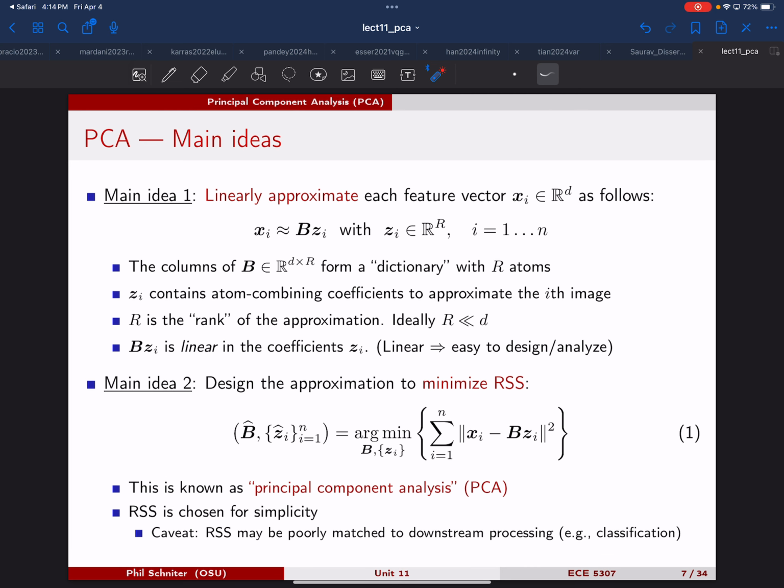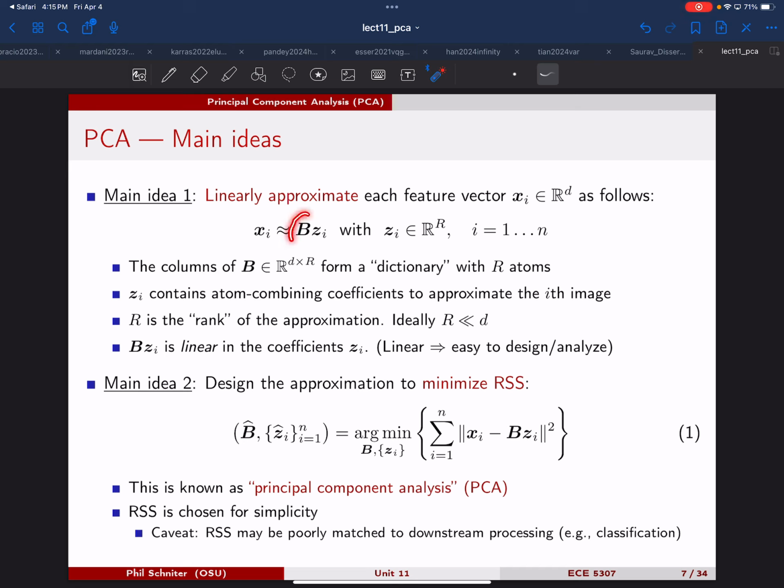So there's, again, two main ideas behind PCA. Number one, it's linear, and number two, it minimizes RSS. So what do we mean by this linear approximation? It means that each of our feature vectors xi is going to be approximated by some tall matrix B times some coefficients zi that depend on the index in our data set.